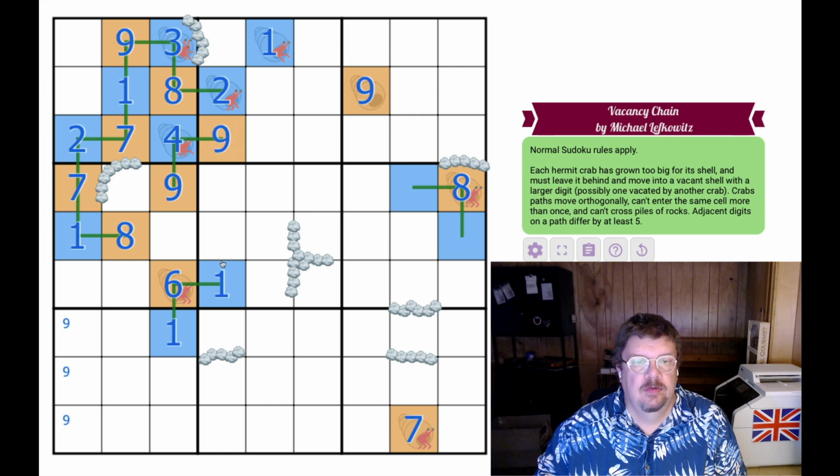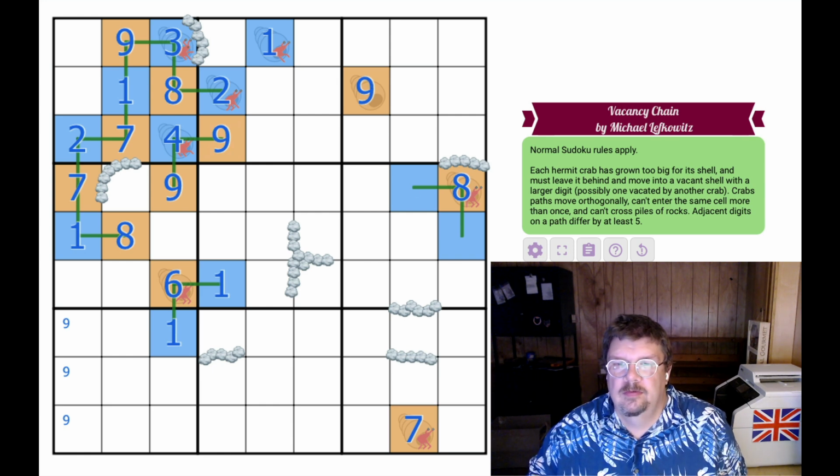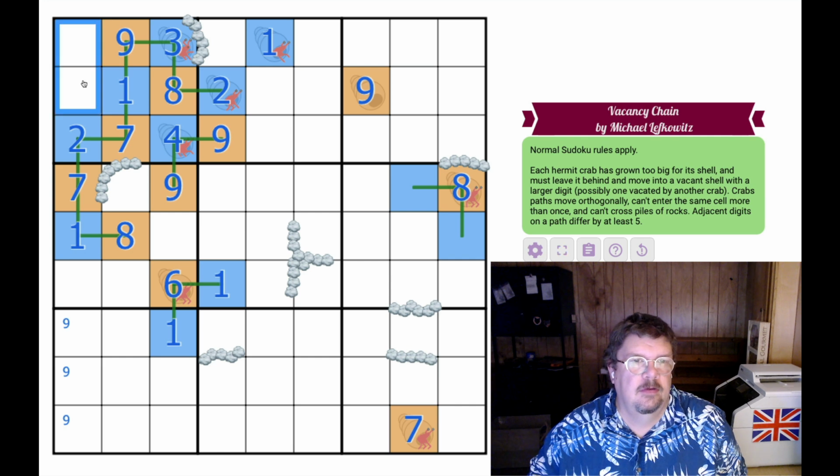9 here is going to connect to this 1. And this one's going to make its way over to this 7. And the 7 is going to somehow make its way to the 8. These are interesting. Curious. And then we're going to get up to the 9. All right. Let's do some Sudoku.